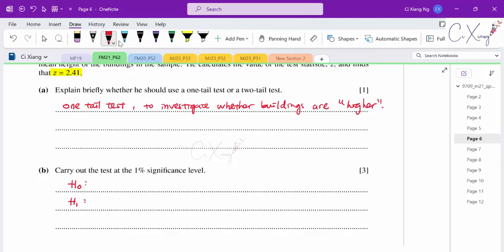So that means, let's say for the alternative hypothesis, we want to test whether the buildings are higher. So we will set the alternative hypothesis as: the buildings in a certain city are higher than the other city.